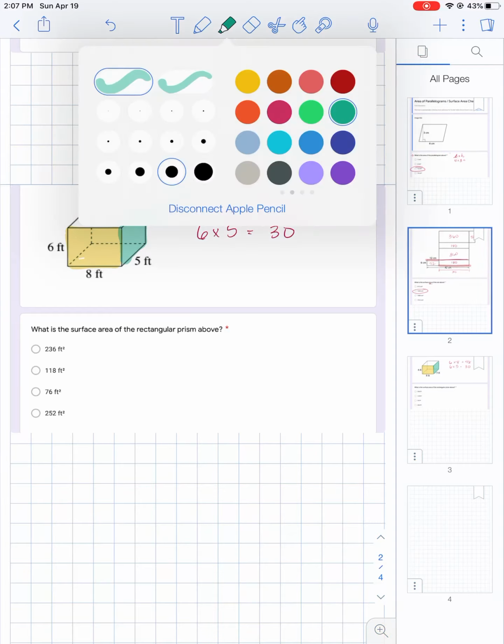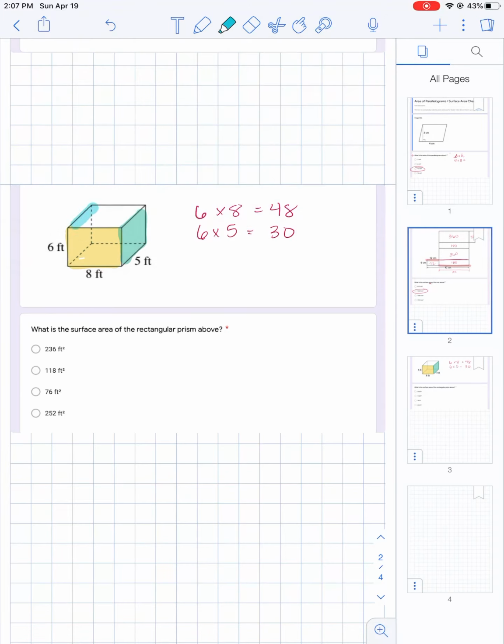And then we've also got, and we'll pick a different color, our top here, which is 8 by 5. So 8 times 5 equals 40. Now, if you think about it, this 6 by 8, this was our yellow. That's our front wall.